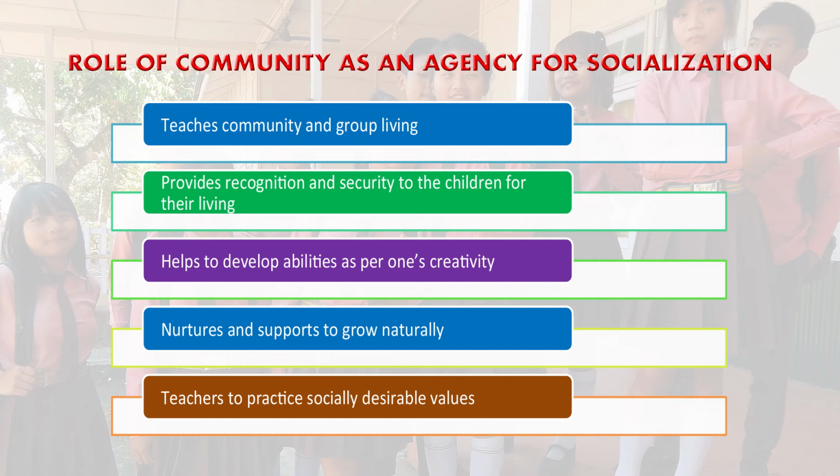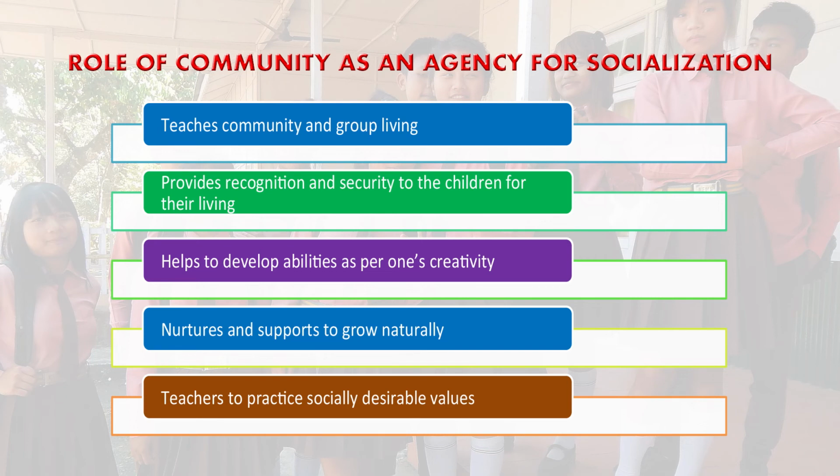Then further, the community helps to develop abilities as per one's creativity. The community also helps the child to acquire certain skills and competencies, to develop certain abilities as per their own aptitude, willingness, interest and creativity.